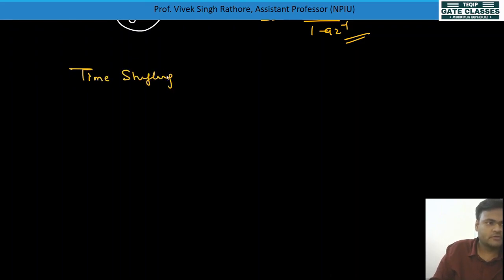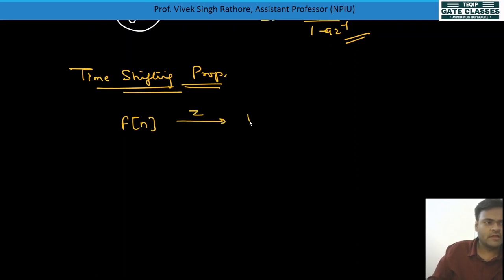Now, this is very useful in some questions, like in the time shifting property. Already we have seen that if the Z transform of f of n is F of z, then f of n minus 1 has Z transform F of z into z to the power minus 1.